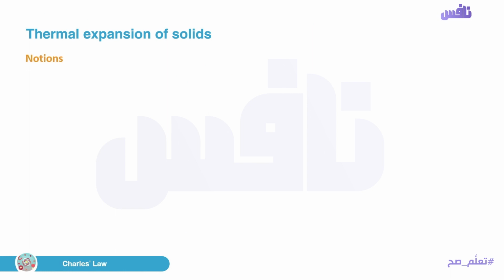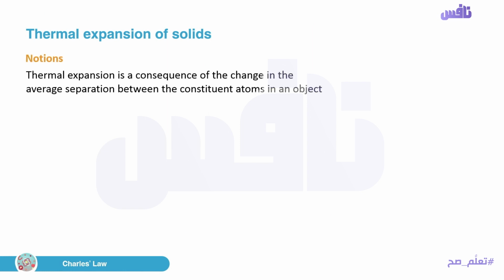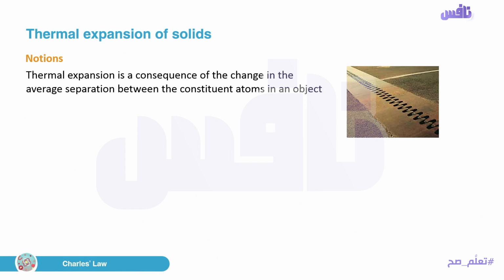First, thermal expansion is a consequence of change in average separation between atoms in an object. As we see, the separation between the atoms or molecules changes as the temperature changes.